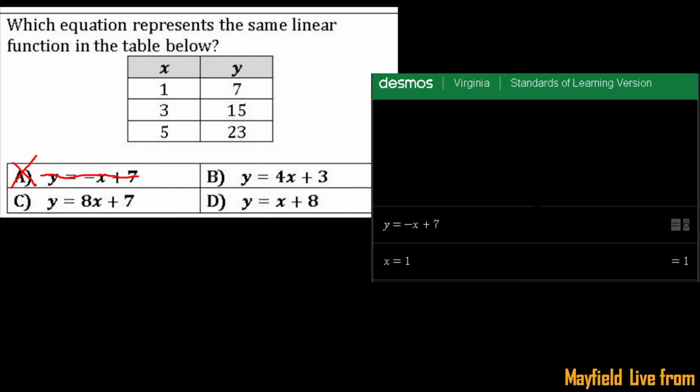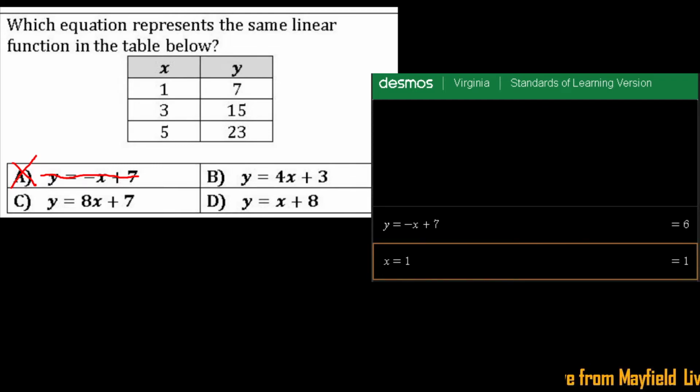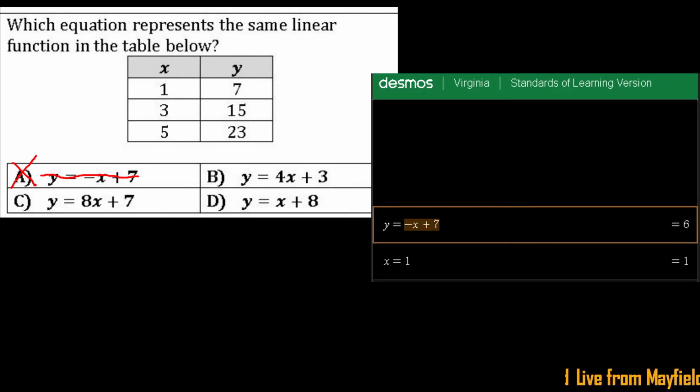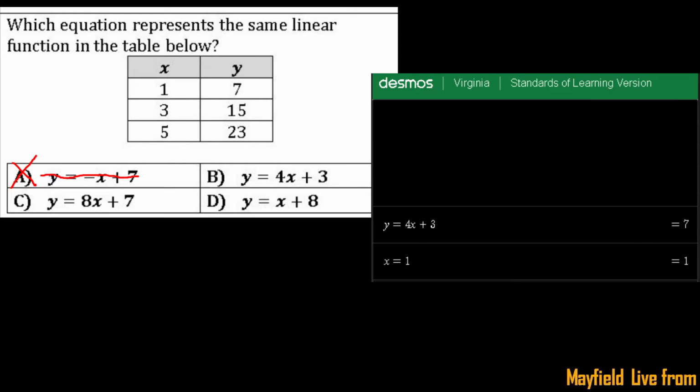All right, same idea. I can leave that same x value because I'm still going to use it to check. Let me type in the next one. I suggest you do this with me, that way you get used to that Desmos calculator. If I do 4x plus 3, my y value is 7, so far so good.